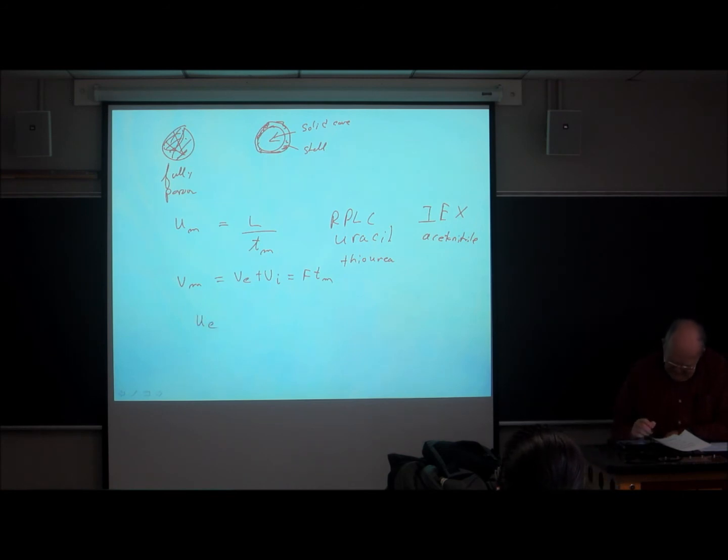We can relate the interstitial velocity to the zone velocity of an unretained species just by keeping careful track of our volumes, and that works out to be this number.